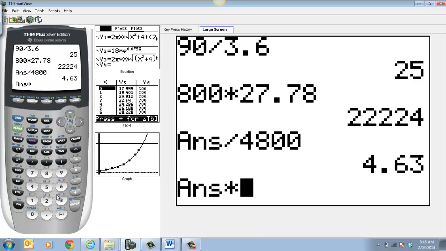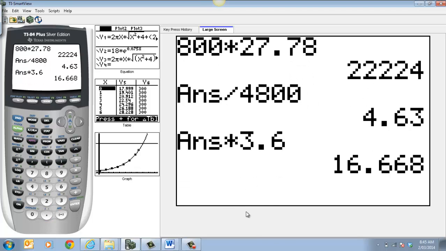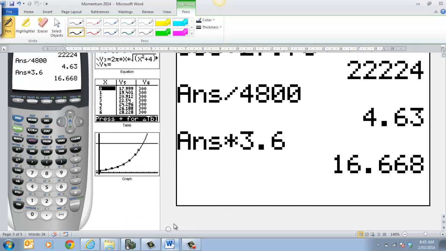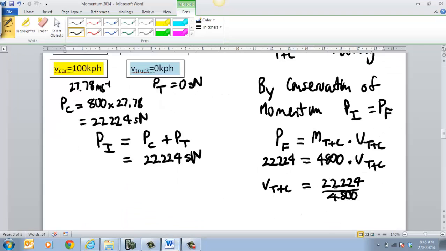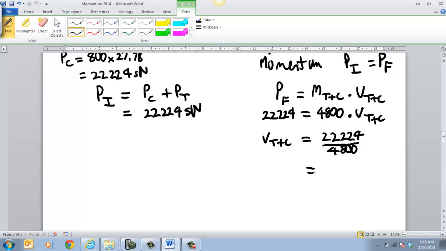If I times that by 3.6, that will tell me kilometres per hour. So that's 4.63 metres per second, which is approximately equal to 16 kilometres per hour.